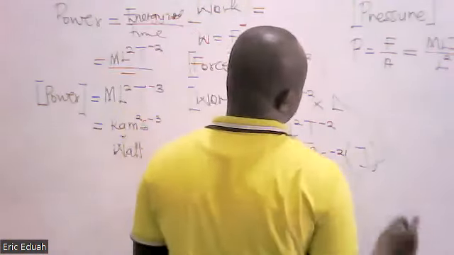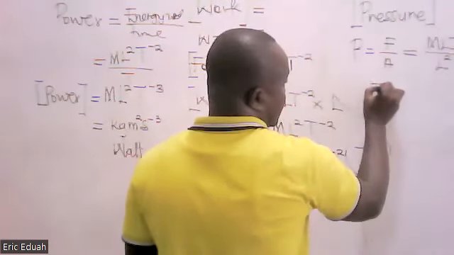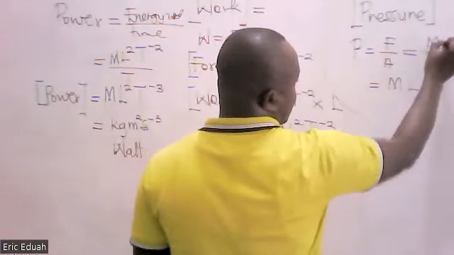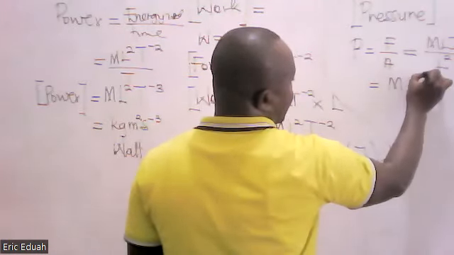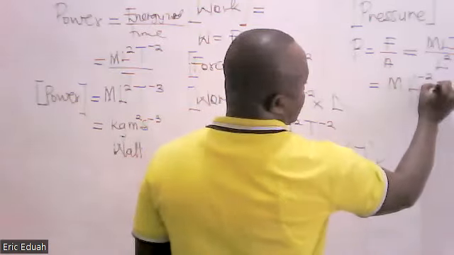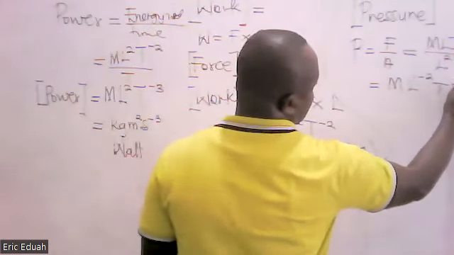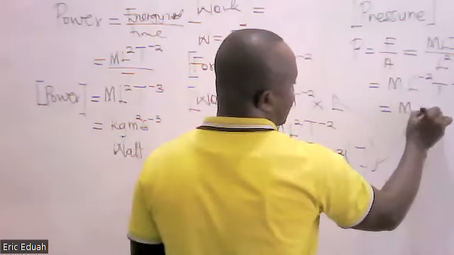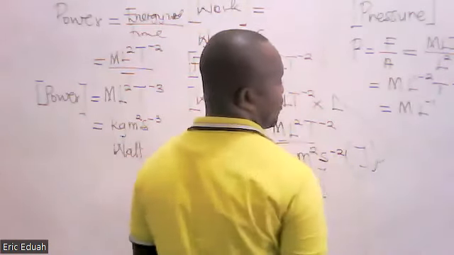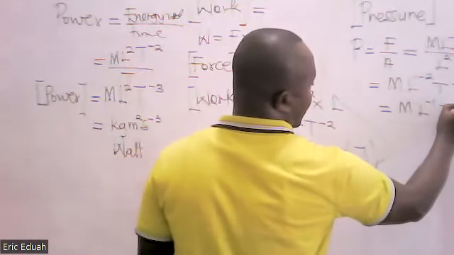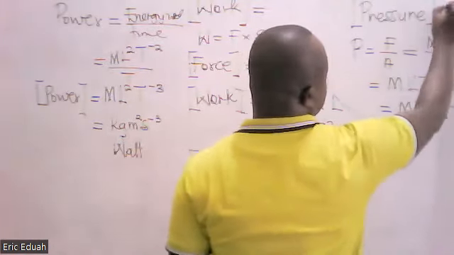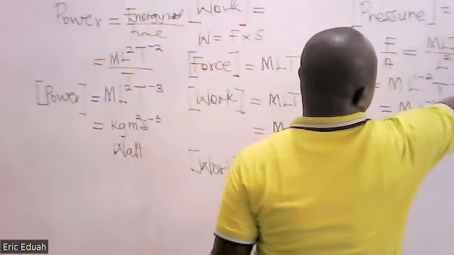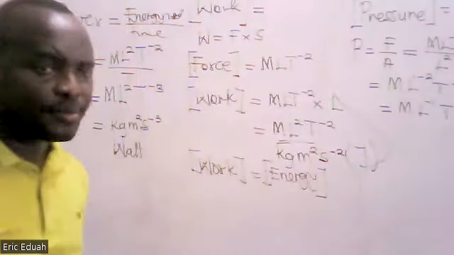So if area is L squared, then ML, this is 1 minus 2, T to the power negative 2. This will be equal to ML to the power negative 1 T to the power negative 2, which becomes the dimension of pressure.